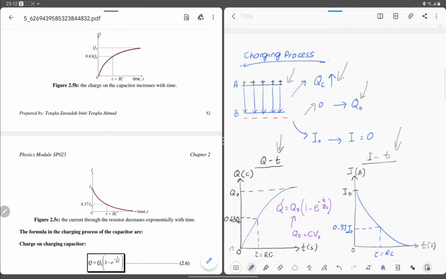Okay. Q ini adalah Q at certain time. Okay, Q at certain time T. Ini T yang perlu masukkan lah.